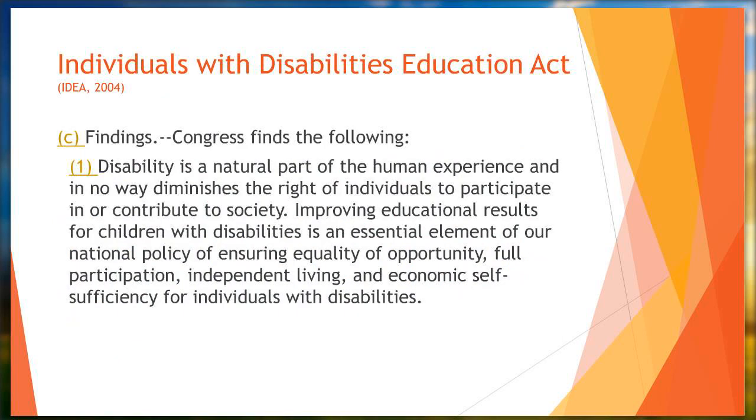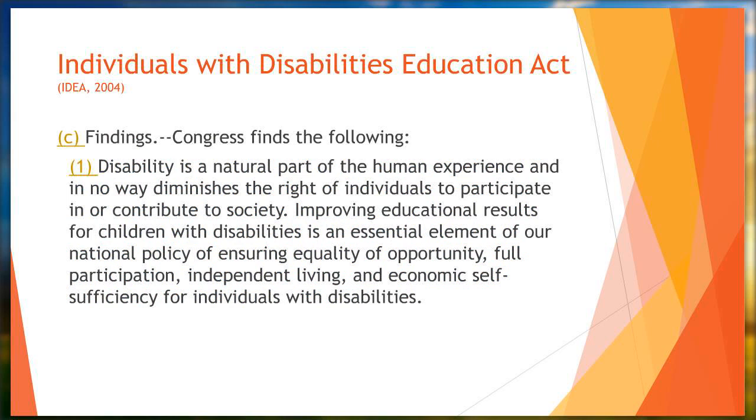That federal policy is called the Individuals with Disabilities Education Act of 2004, or IDEA. The first line in IDEA states that Congress finds the following: disability is a natural part of the human experience and in no way diminishes the right of individuals to participate in or contribute to society.